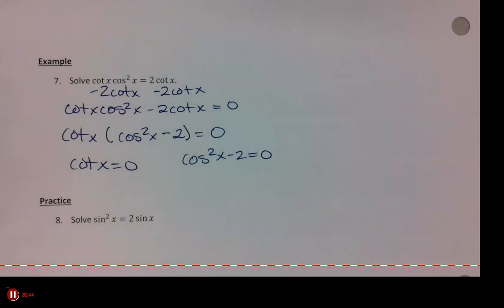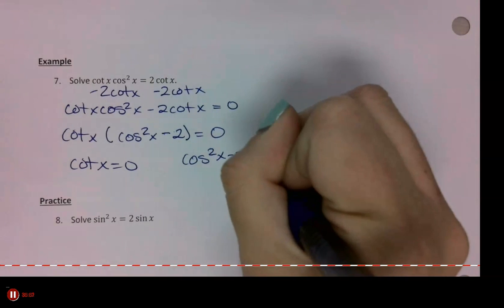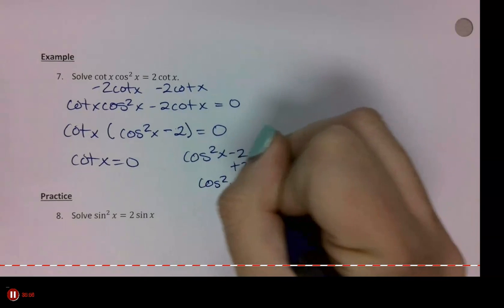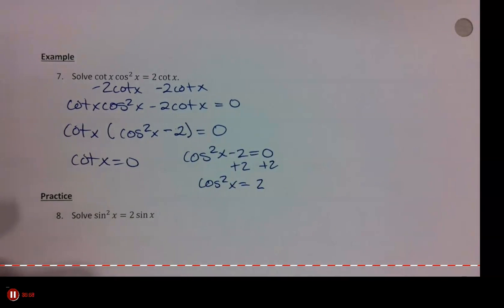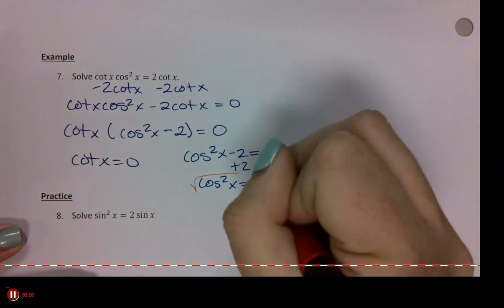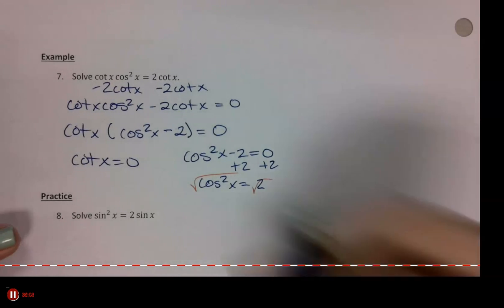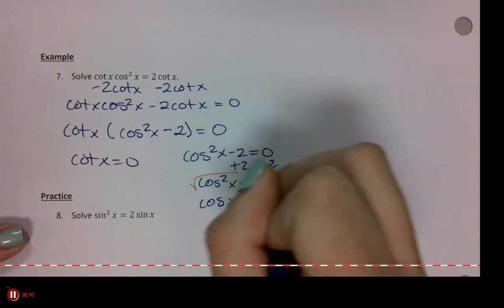Okay, then what do you want me to do next? So this gets me cosine x equals the square root of 2.